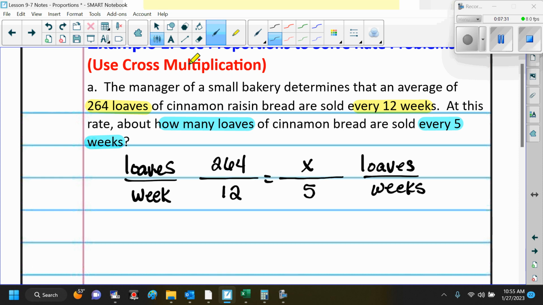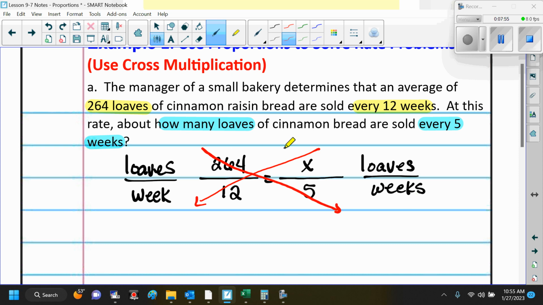Cross multiplication means that you're going to multiply the numerator of one fraction times the denominator of another, and then multiply the numerator of the other fraction and the denominator of the other. Does everybody see how my arrows are written? Okay?